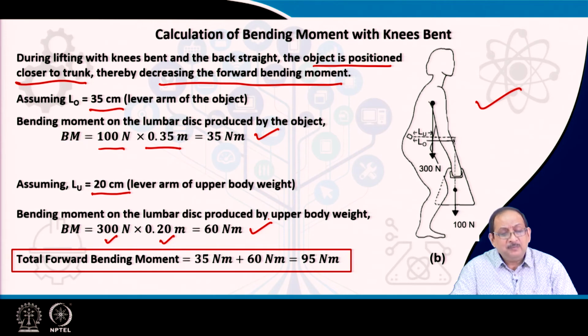So, the total forward bending moment is calculated as 95 Newton meter, which is the sum of the bending moment produced by the object and the bending moment produced by the upper part of the body. Now, this value is less than the value calculated in the first case, case A.